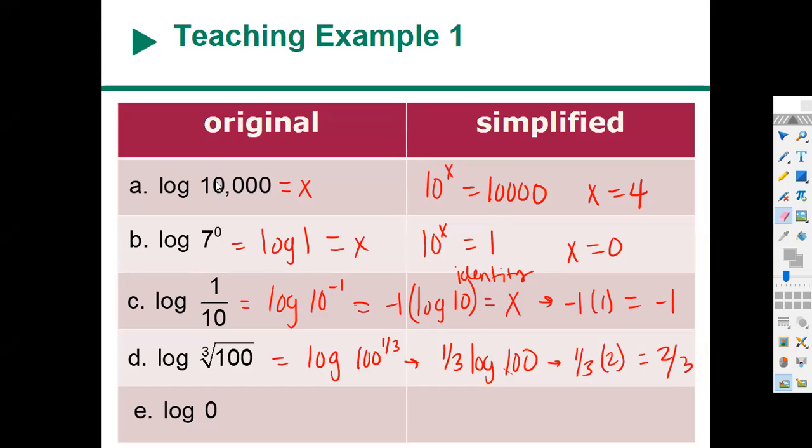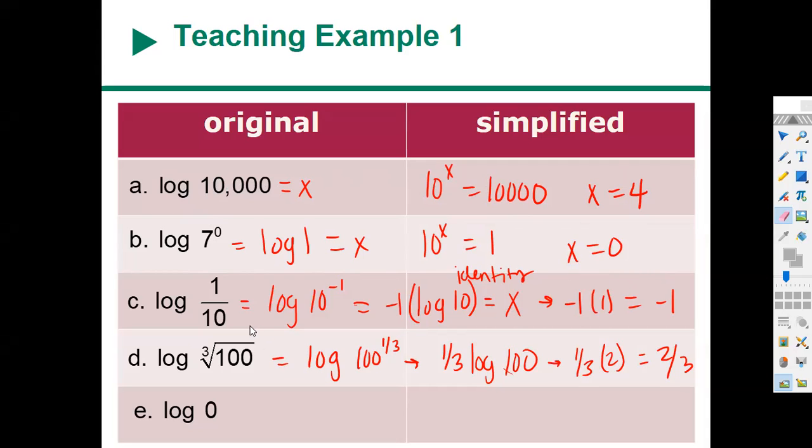So if you look right here, remember how I started off by rewriting it for you? When it said log of 10,000, I asked you, that means 10 to what power equals 10,000? And we said 4. Then here we simplified 7 to the 0 power is 1. So we're asking 10 to what power equals 1? The answer was 0.